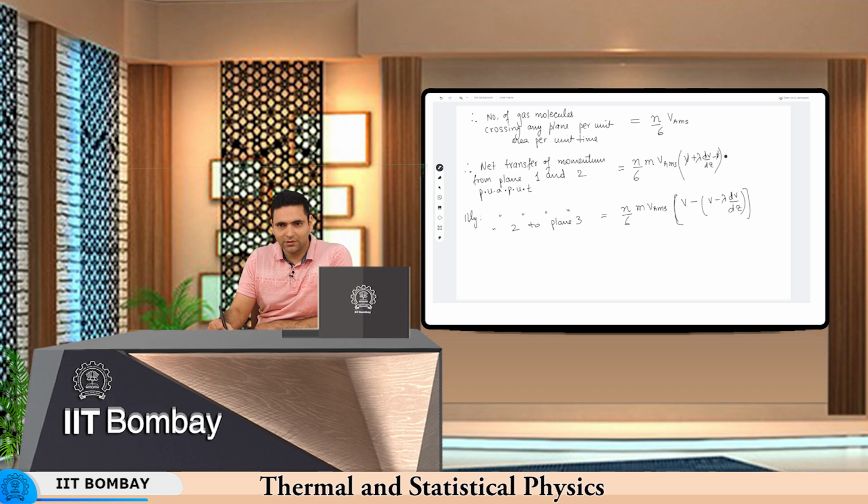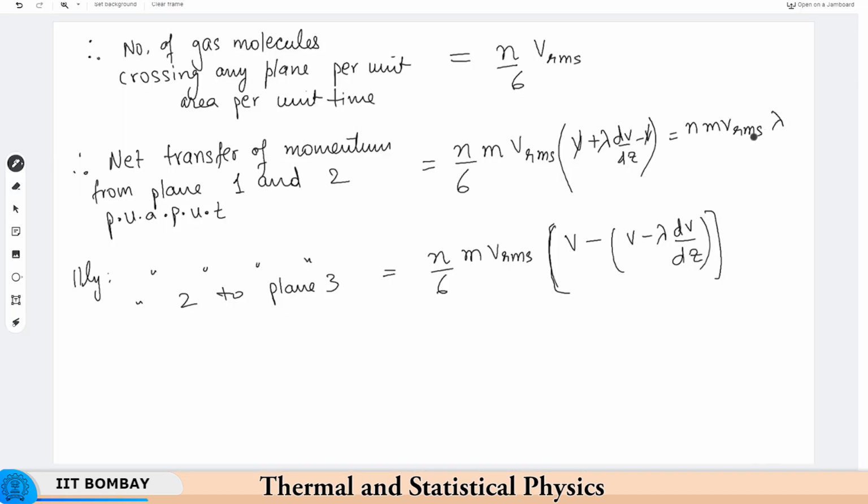So V cancels out. So we have n m V RMS lambda dV by dz divided by 6. And in the second case, this term is also the same, m V RMS, and this V cancels out. So minus minus becomes plus lambda dV by dz.